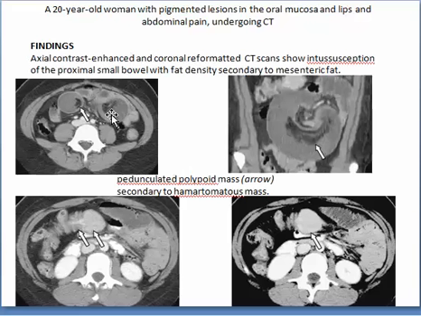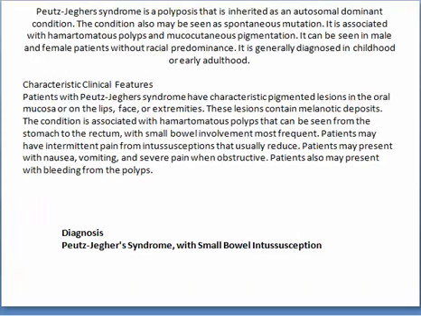We have the chance to see this polyp as a head for this intussusception, and this denotes a hamartomatous mass, or what we call a pedunculated polypoid mass, seen in Peutz-Jeghers syndrome, which is autosomal inherited and may be seen as spontaneous, may be associated with hamartomatous polyps and skin pigmentations, as the case here.